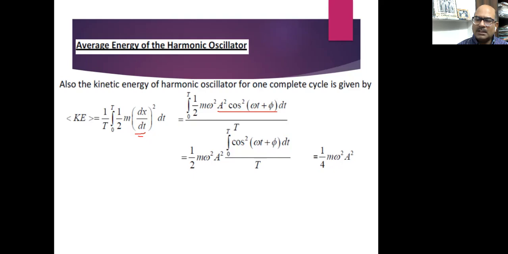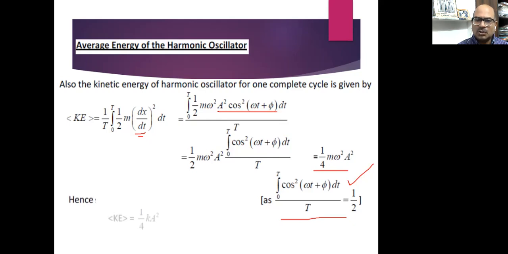The value will be 1 by 4 m omega square a square, and again 1 by T integral 0 to capital T cos square (omega t plus phi) dt is half. So we can use this value to find the average kinetic energy. So average kinetic energy is 1 by 4 Ka square.